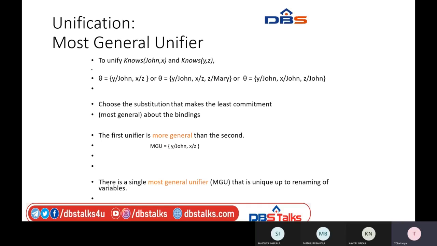X is one variable and Y, Z are two variables. For that we have to substitute Y by a name, X by Z, and Z to Mary. So we can replace X by Z, or also replace Z by Mary. This also will help us to make a unification.